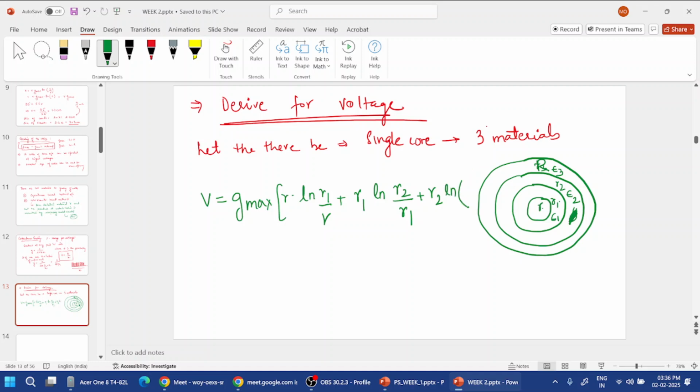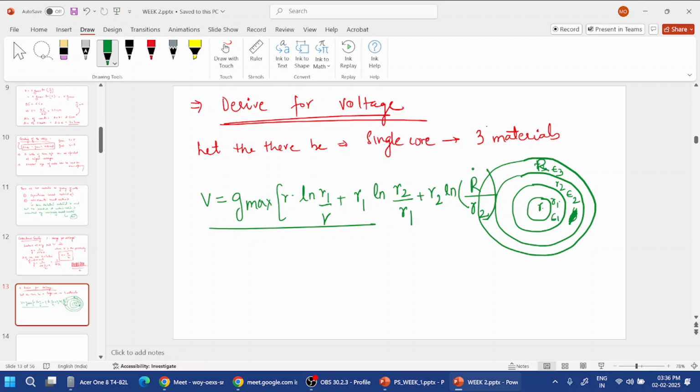The outside radius will be capital R, and the inside radius will be R2. So this is how we calculate the total operating voltage at any point of time.